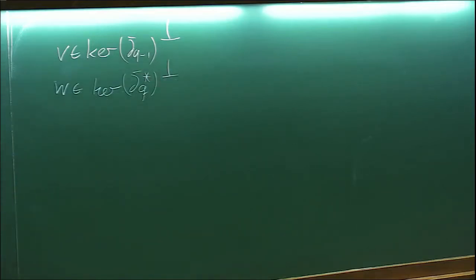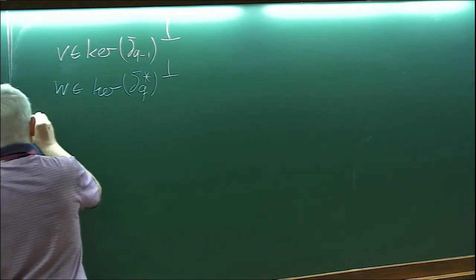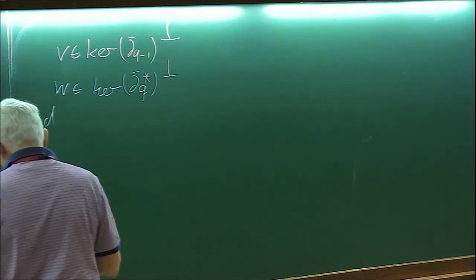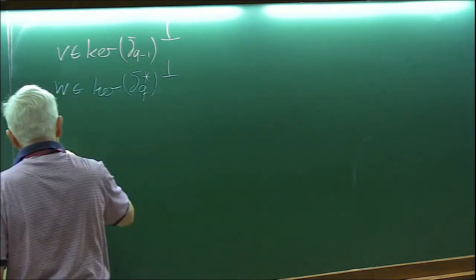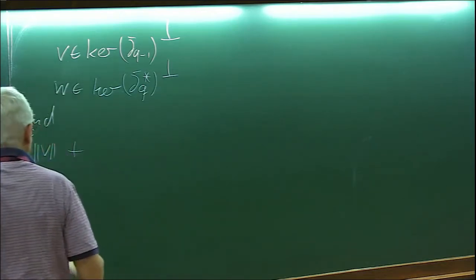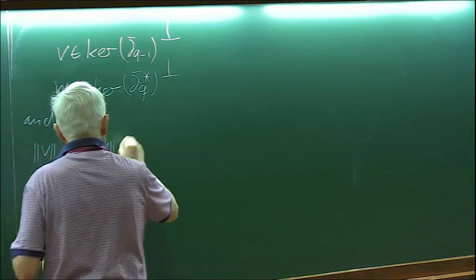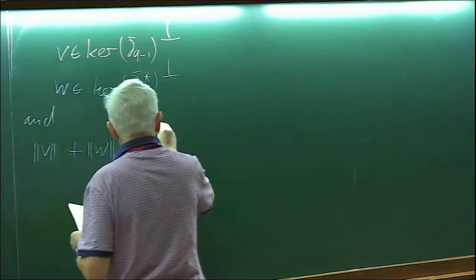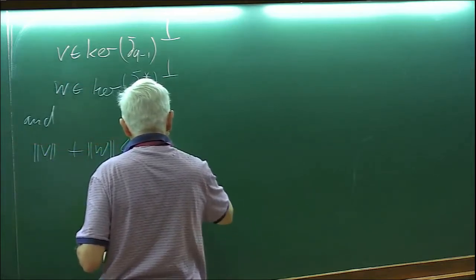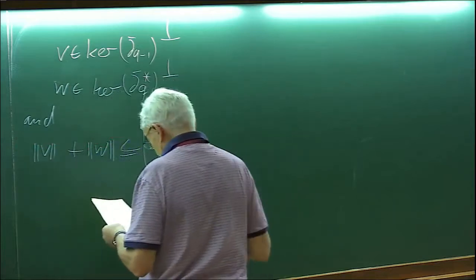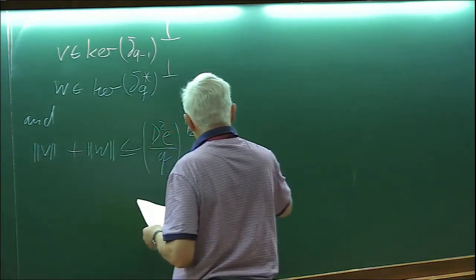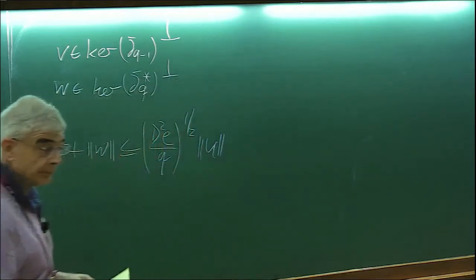So this wants to be really d bar Q minus 1, and this wants to be the adjoint of d bar Q, right? And maybe the most important part, I have this control of the norms. Norm of V plus norm of W is less than or equal to d squared E over Q to the 1/2 times the norm of U.